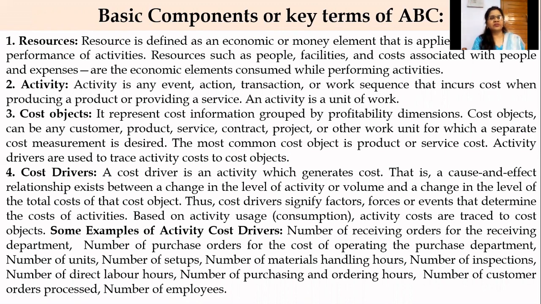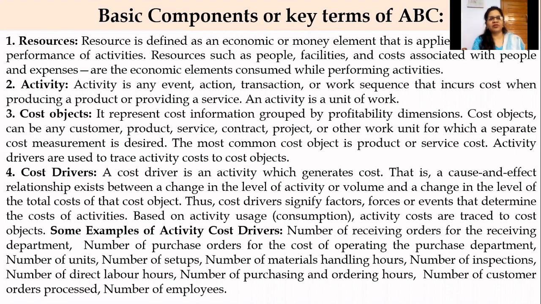So next, what are cost objects? They represent cost information grouped by profitability dimension. Cost objects can be any customer, product, service, contract, project, or other work unit for which a separate cost measurement is desired. The most common cost object is product or service cost.